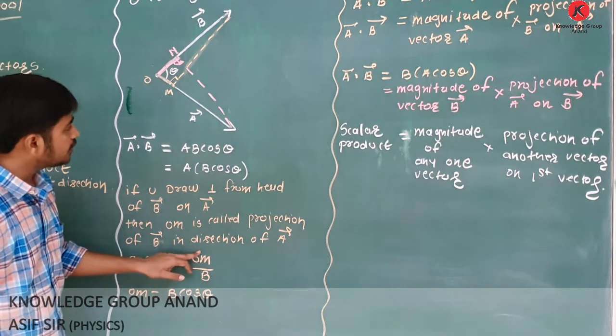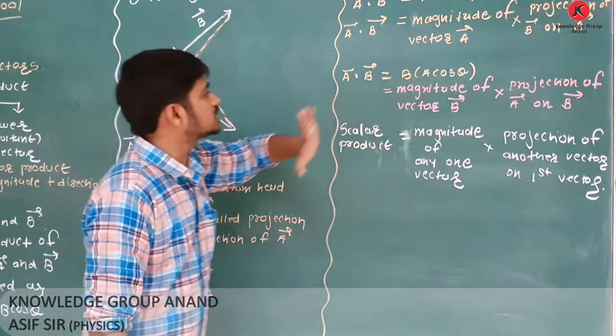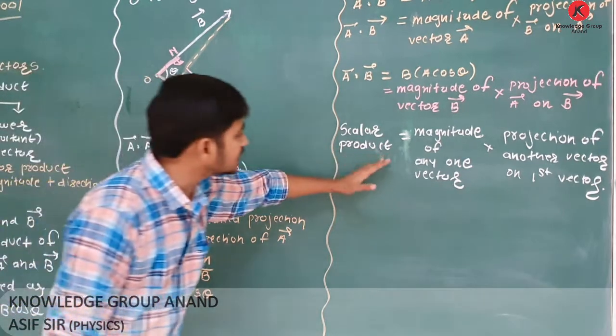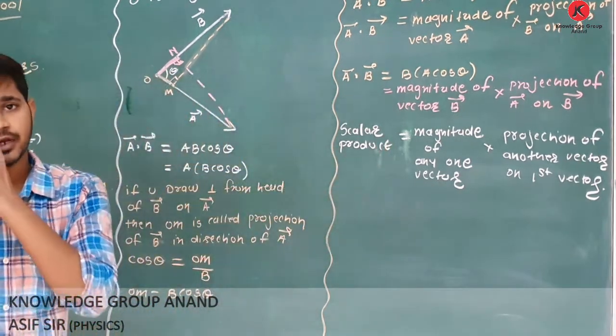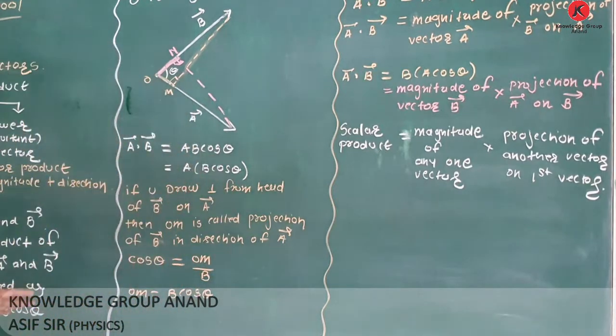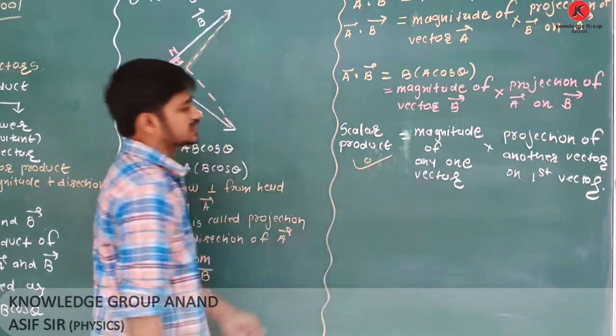And yes, it is another definition of scalar product. Clear about this? Okay, so the first equation of scalar product is A dot B equal to AB cos theta, and for theory purposes, you have to remember this equation.